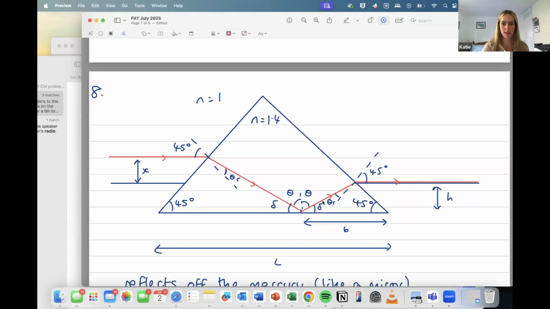And again, since all of these angles are the same, it's going to hit the glass interface at the same angle as before. We could think about this is still 45 degrees, this is still delta on each side, this is 45 degrees. So by similar triangles, you can say that this is also theta r. And again, this comes out at an angle of 45 degrees.